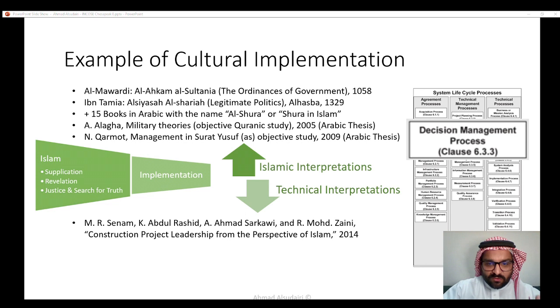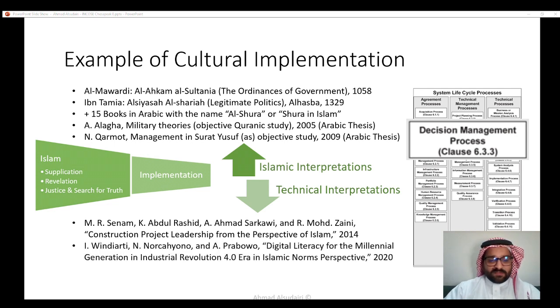Some people try to do a technical interpretation of Islam, like this researcher, who did an interpretation about construction project leadership from the perspective of Islam.